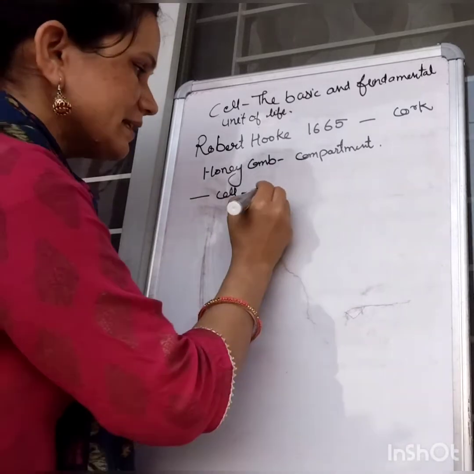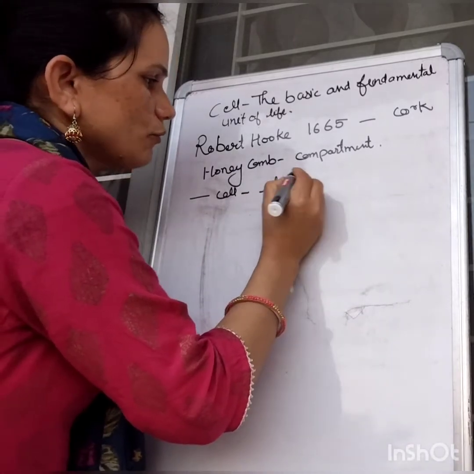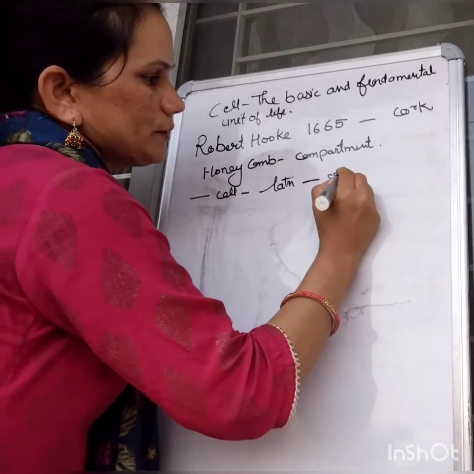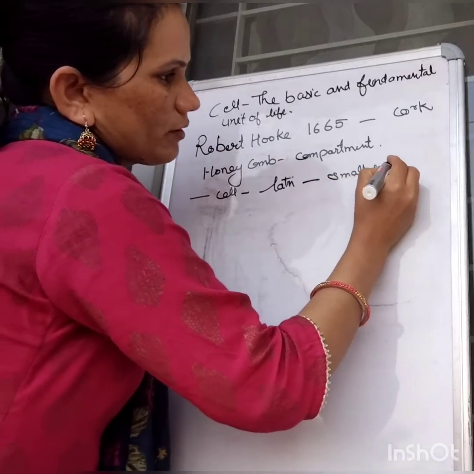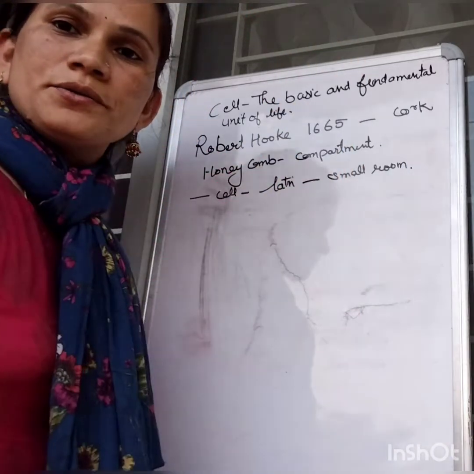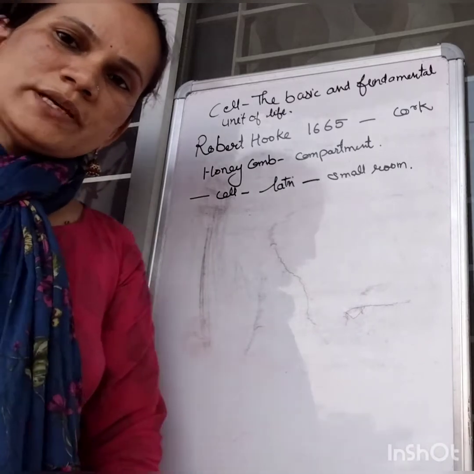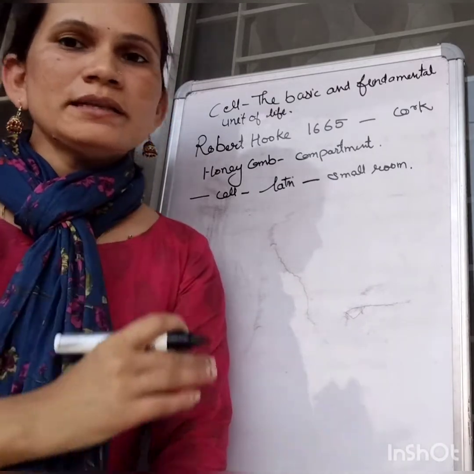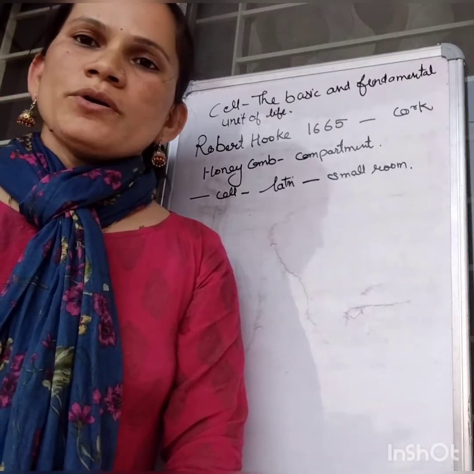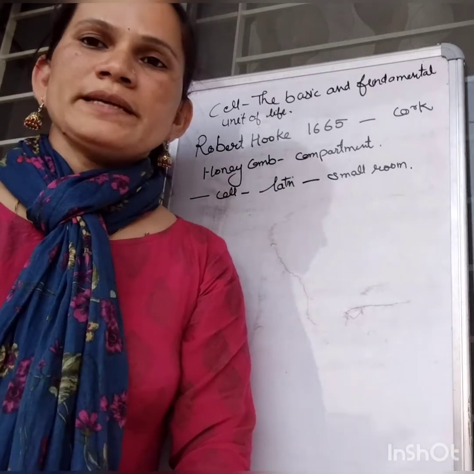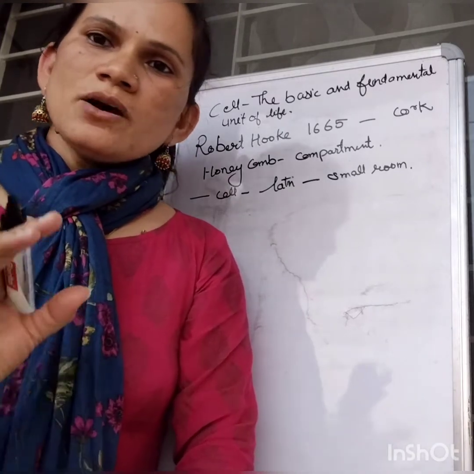Cell is a Latin word which means small room. All the organisms in our surroundings are made up of cells only. There are some organisms which comprise only a single cell, which constitutes the whole organism.